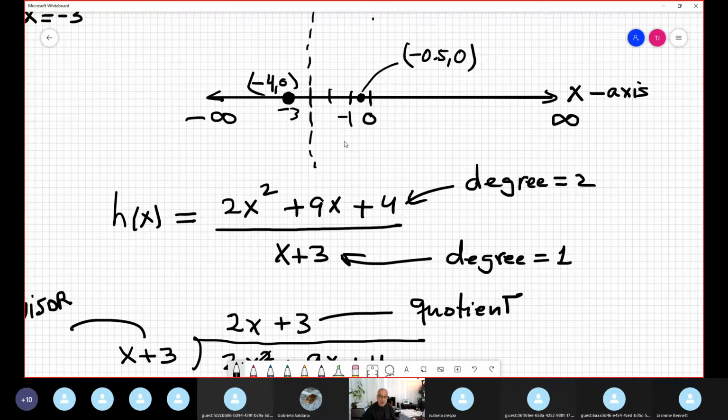Remember the Y-axis, look at it here. So I select arbitrarily 1. Now let me use another color. I select 1. Evaluate the function at 1, H at 1. Maybe arithmetic is too hard, but you just plug in 1 in the original function, no? And the answer is 3.75.